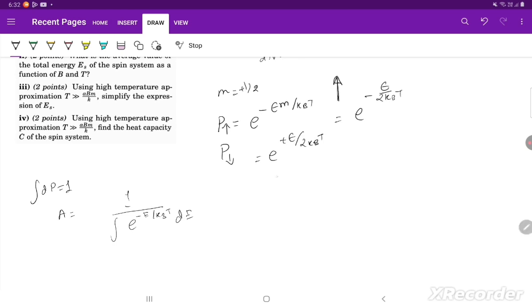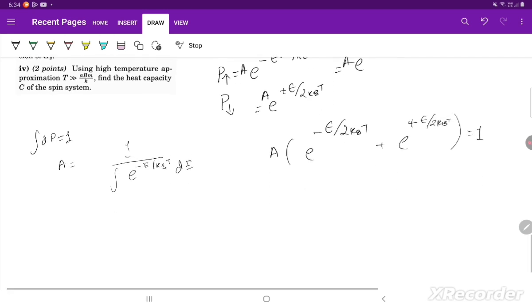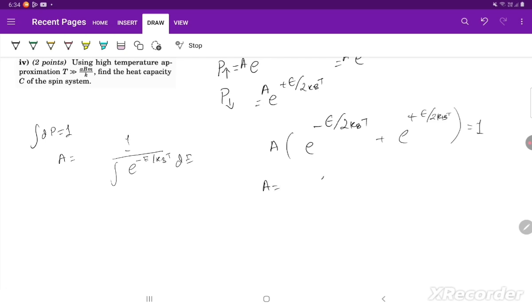So let the normalization constant be A. A times e to the power minus epsilon by 2kBT plus e to the power plus epsilon by 2kBT is equal to 1. So finally A will come out to be 1 by e to the power minus epsilon by 2kBT plus e to the power plus epsilon by 2kBT.